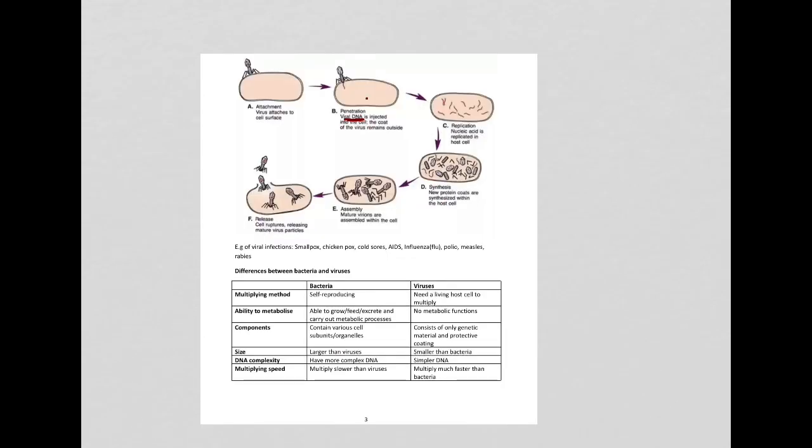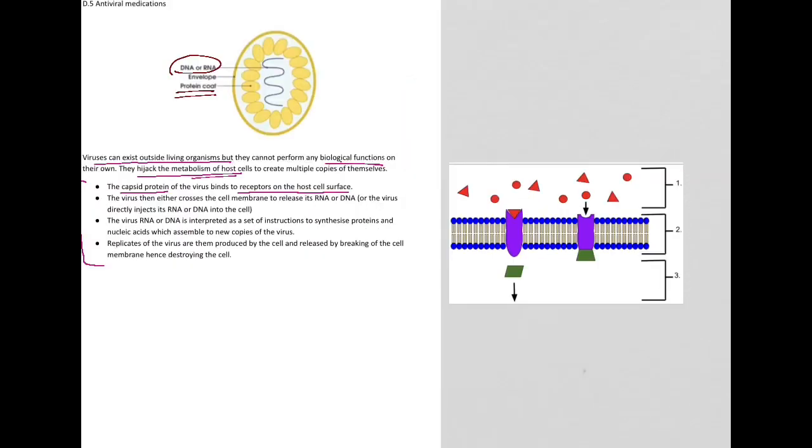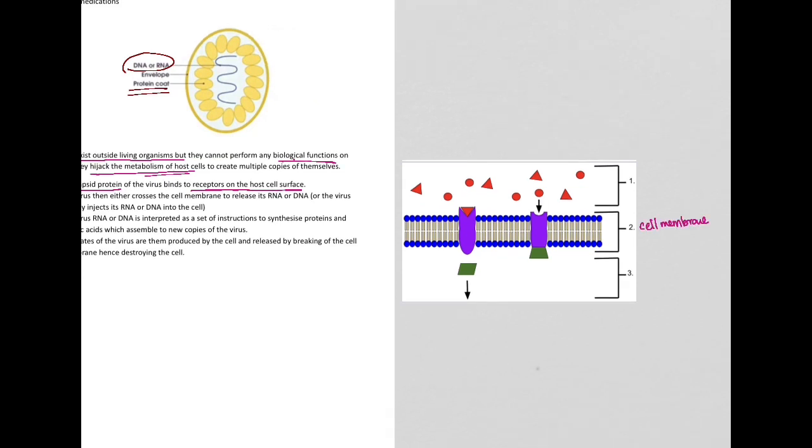As you can see here, the first step is the virus will attach to the surface of the host cell. What happens is that the capsid protein is going to bind on receptors found on the host cell surface. If we have to explain what receptors are, here we have the cell membrane as number 2. And inside the cell membrane, these are receptors. Receptors have specific sites where they can accommodate specific molecules.